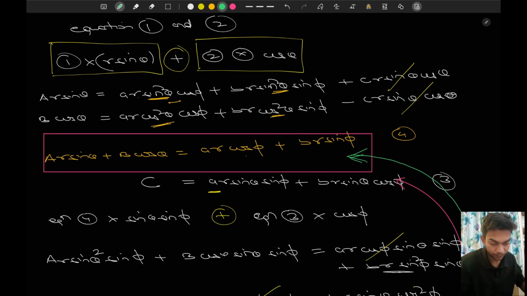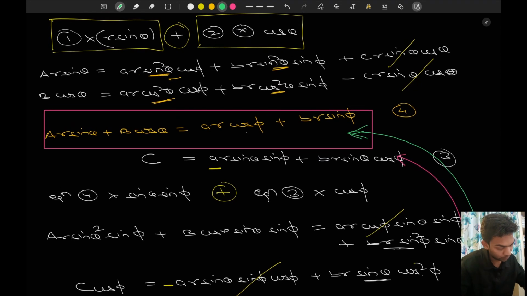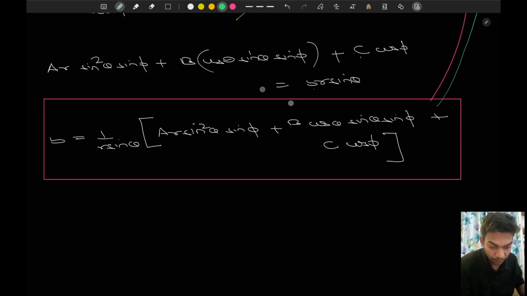Okay, so let's do that. So we have equation 4, so let me write equation 4.